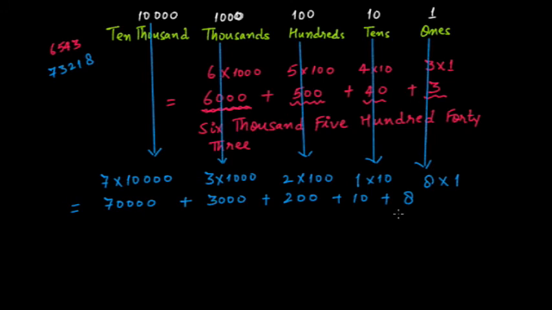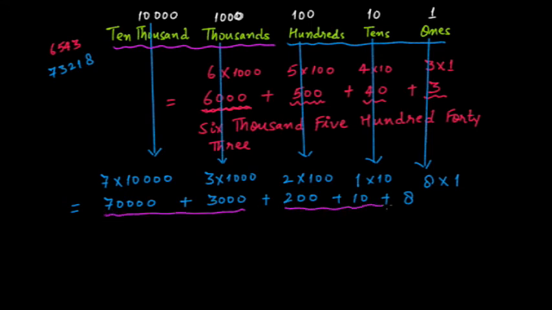Now, as I told you earlier, we group them together. See how you will use it. Group them together and add. How much will it come? It will come 73,000. If you want to see, this is 70,000 and this is 3,000.